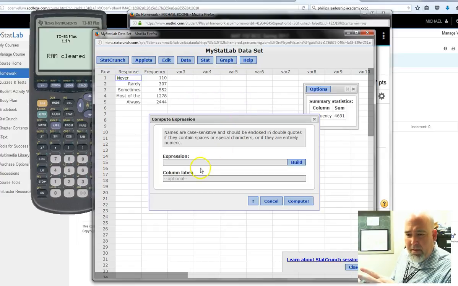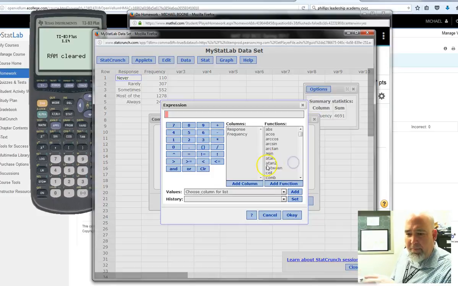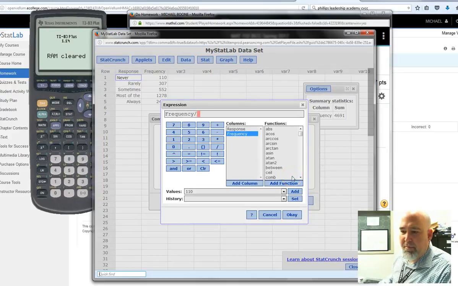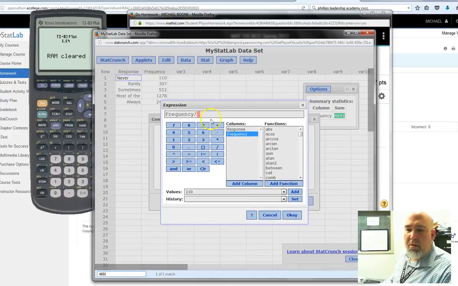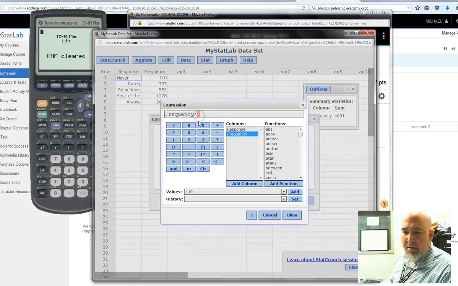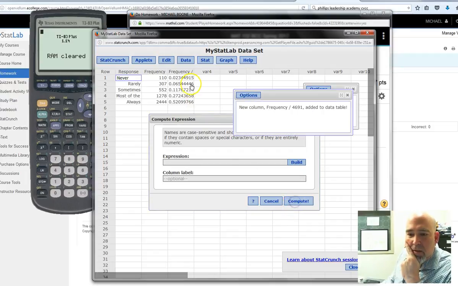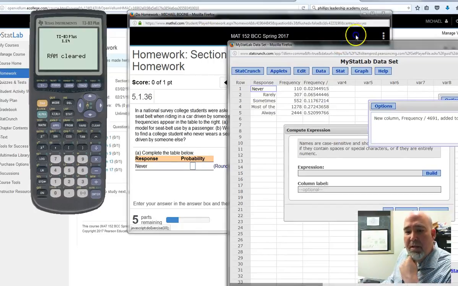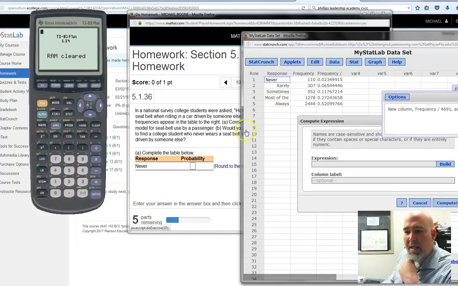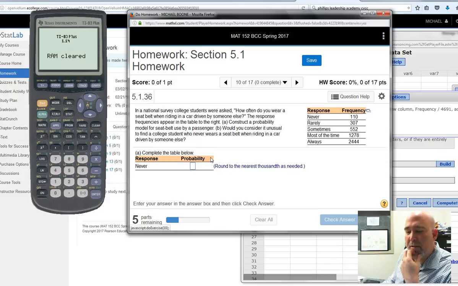And I want to take my frequencies and divide them by 4691. So this would be a way to get a column of percentages or probabilities. And so when we do this, this is a way to use StatCrunch to help us get our answers for something like this question.